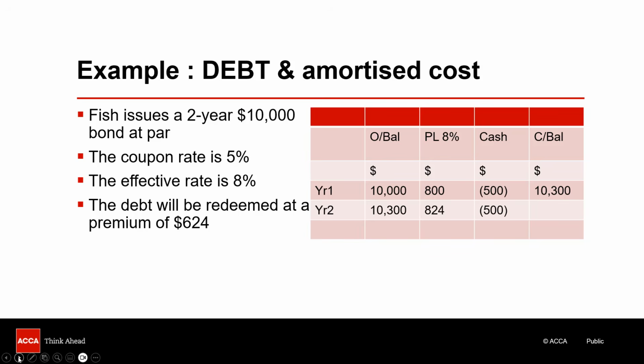We're still going to pay off 500. Now, because this is a simple example, because this is a 2-year story, we're not going to end with the closing balance now. We're actually going to be redeeming the debenture, paying back the loan, paying back the bond.